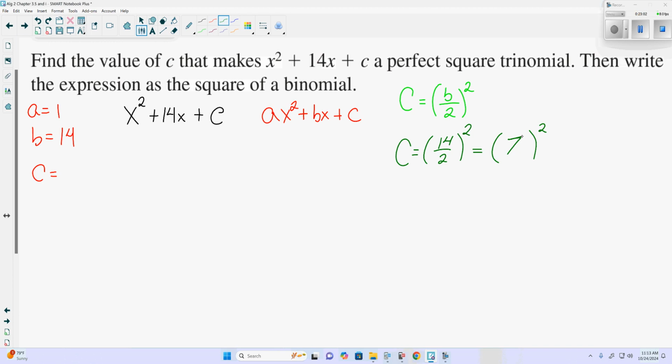And if we square 7, we get 49. So the value of c that would make this a perfect square trinomial is 49. Telling us that our perfect square trinomial is x squared plus 14x plus 49. That's our perfect square trinomial.